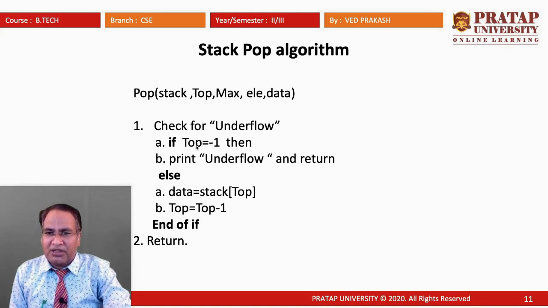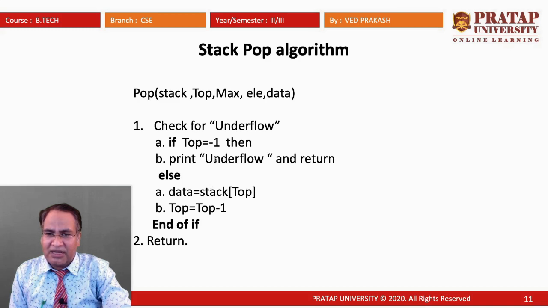To check it, I make the condition: if top equals minus 1, then I send a message that our stack is underflow and return from here, because in the underflow condition we can't perform the pop operation.